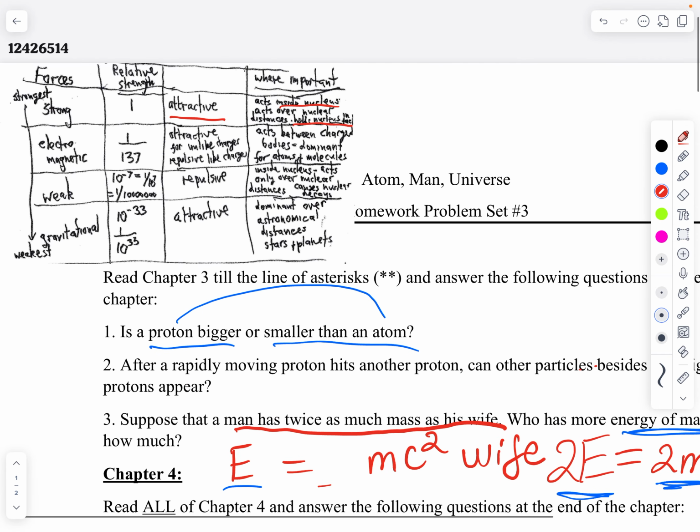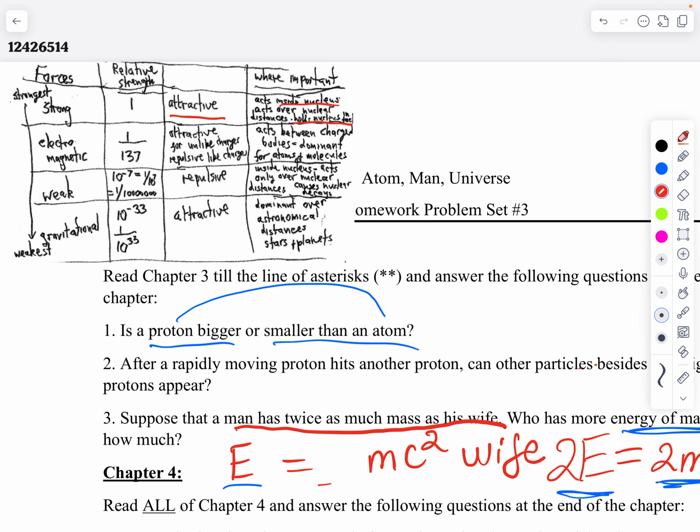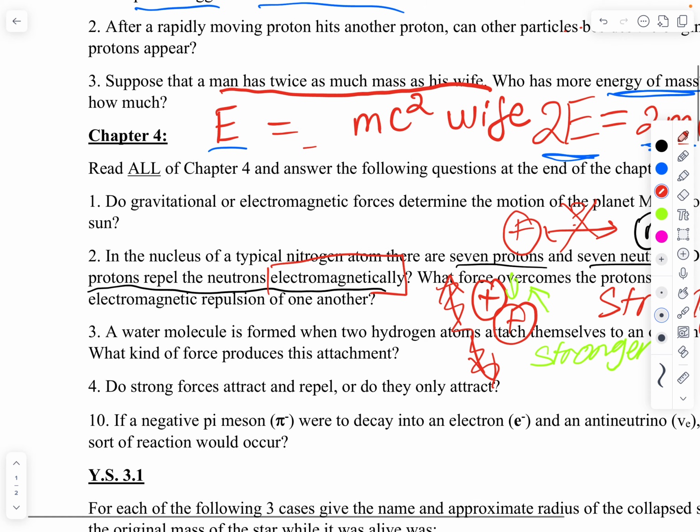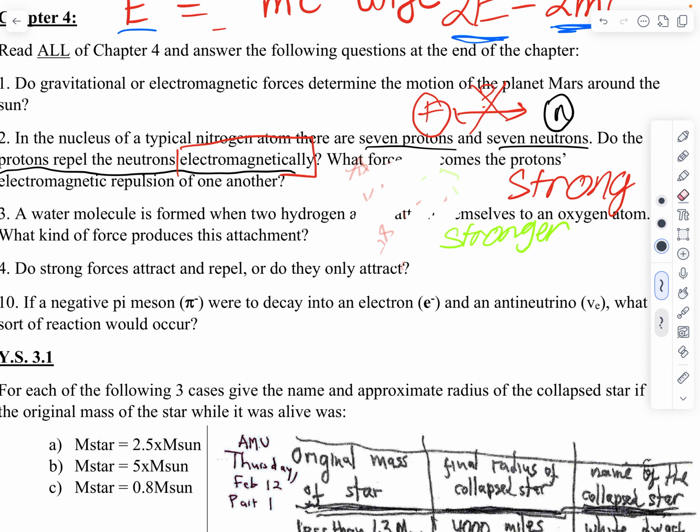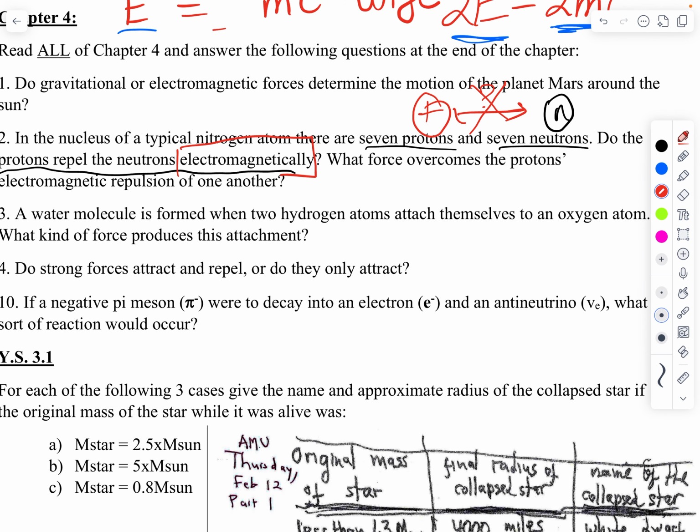If you look at the factor, the strong force is 1, but the electromagnetic force is 1 over 137. So it's quite a bit smaller than the strong force. So yeah, the answer is strong.